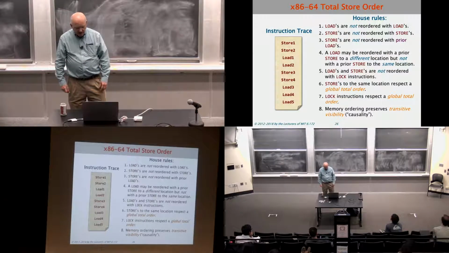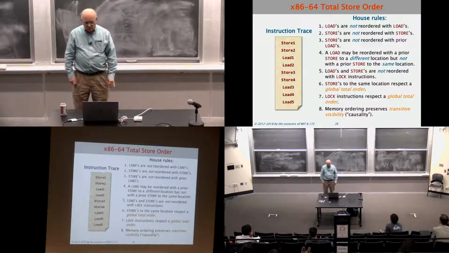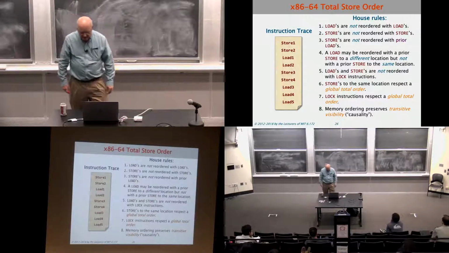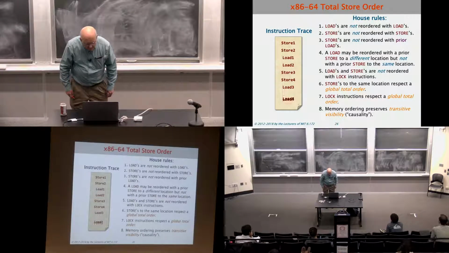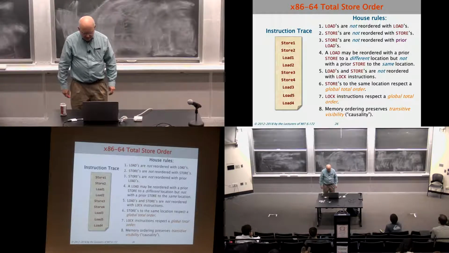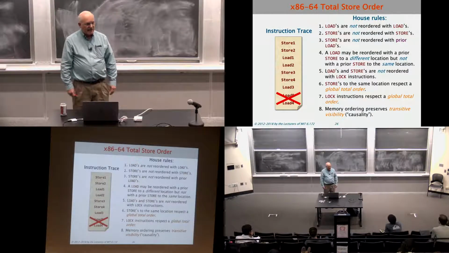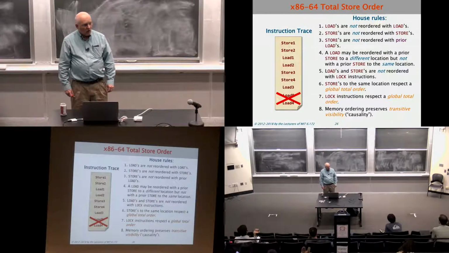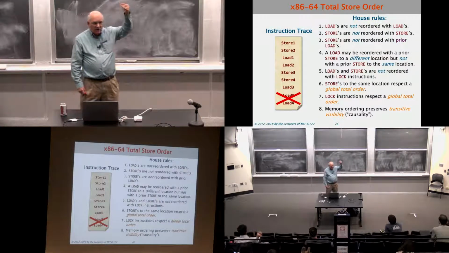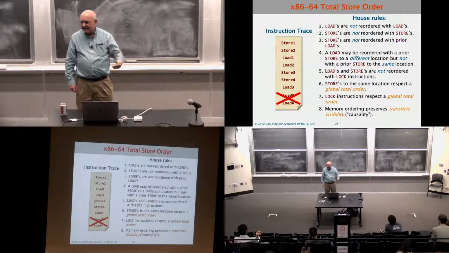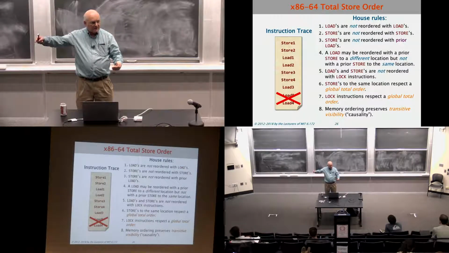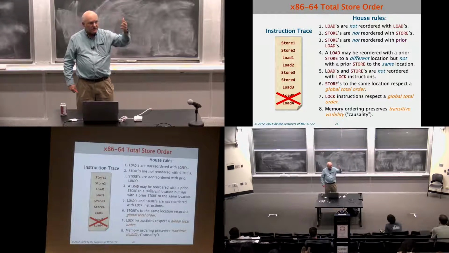First of all, loads are never reordered with loads. You can count on loads being seen by any external processor in the same order that you issued the loads within a given processor.